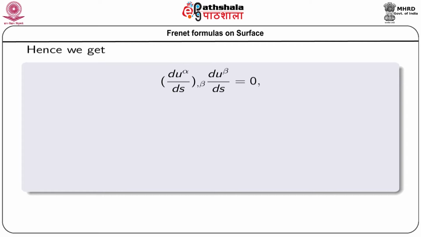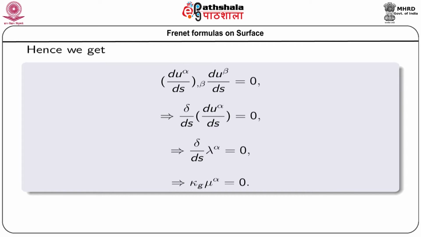Hence, we get the covariant derivative of du alpha ds, du alpha ds comma beta, with du beta ds equals 0, which implies that del del s of du alpha ds equals 0 by the definition of intrinsic derivative. Now, as du alpha ds is actually lambda alpha, so del lambda alpha del s is equal to 0.